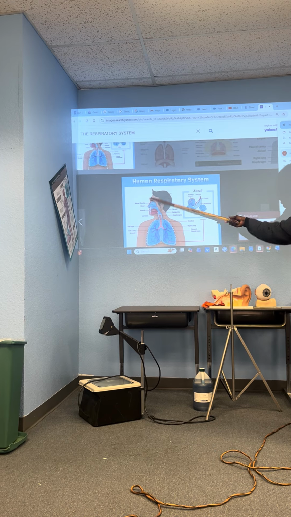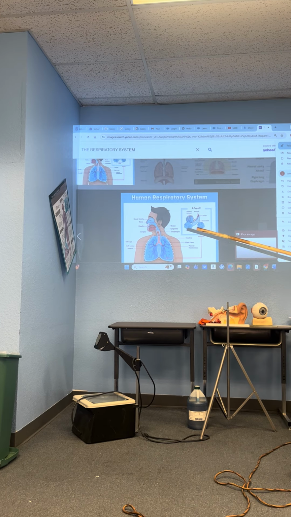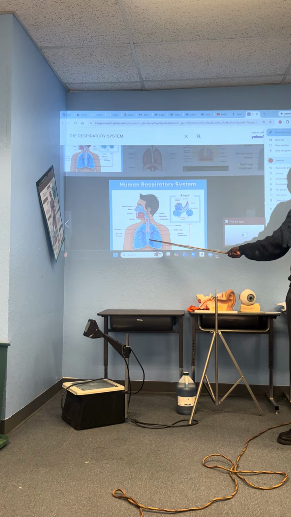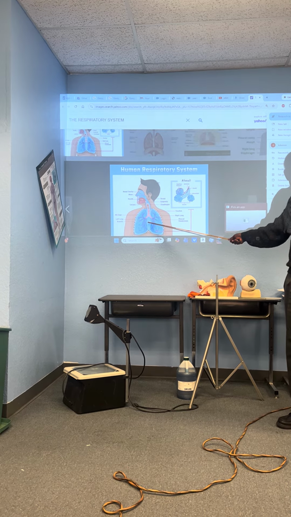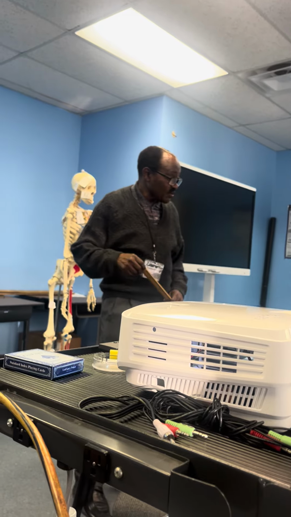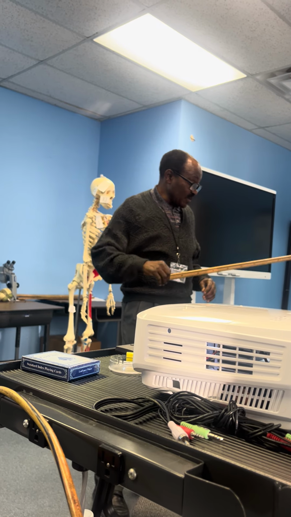You see, it begins from the nose and then it goes all the way down here. This is the bottom, the end, the destination of the system, and that is at the bottom of your lungs. So it begins from the nose and ends up at the bottom of the lungs.